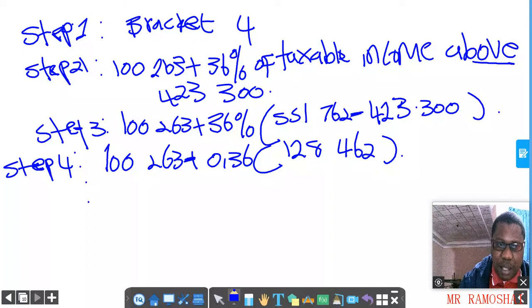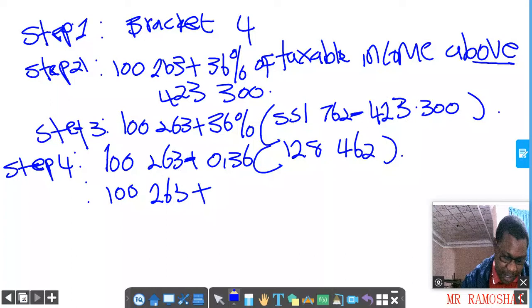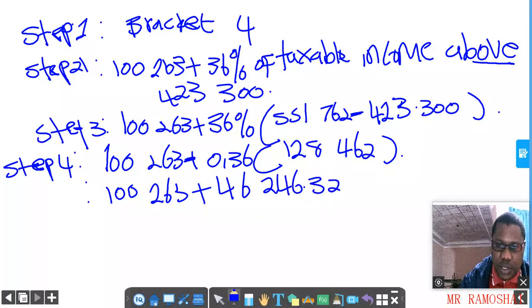We are still at step number 4, right? We have subtracted in the bracket. We have worked with our brackets. Now let's check the BODMAS. Now we must multiply this by the decimal. So we multiply by 0.36, which now gives us 46,246 rand 32 cent.